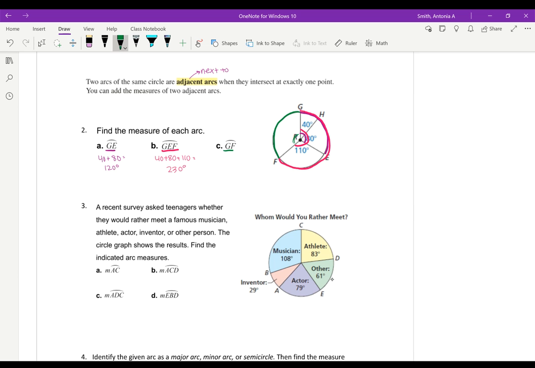The whole circle is 360, and the part that I already know, which is really that pink part, is 230. So if I do 360 minus 230, it will tell me this green section. 360 minus 230 is 130. 130 degrees.